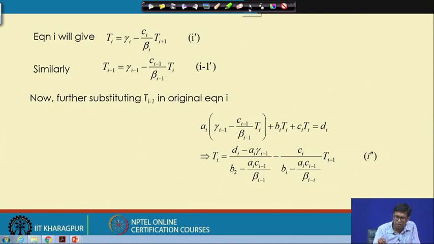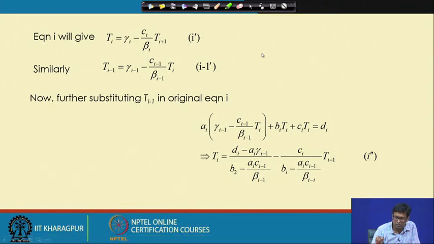So, I will see that beta i is Bi minus Ai Ci minus 1 by beta i minus 1. So, if I know beta i minus 1, I can find beta i, and that is called a recursive relation, where one term is dependent on the previous term in that particular series.